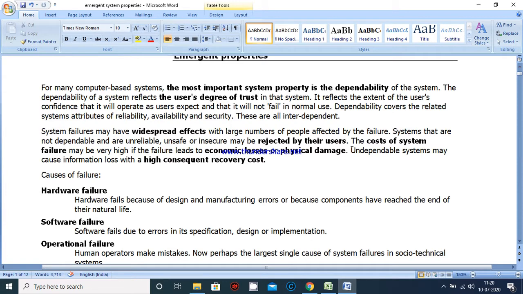Dependability means a particular system should be reliable, should be available in any circumstances, and should provide security. Security is a big factor.